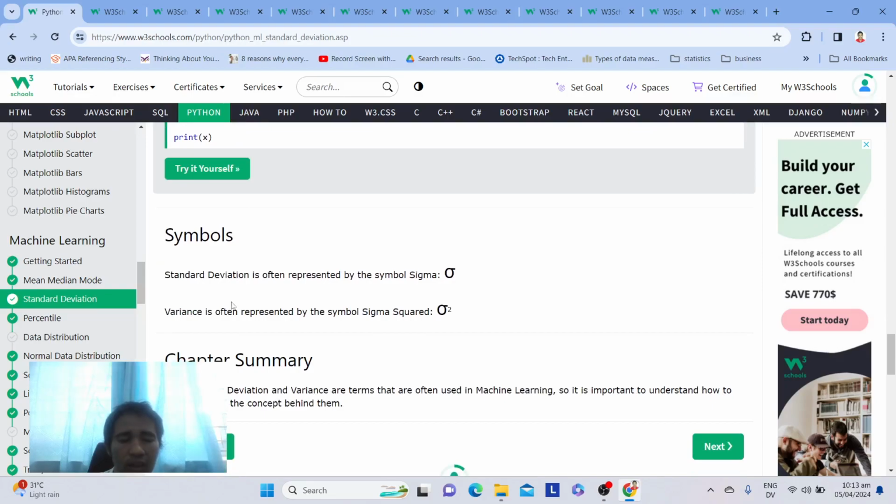Standard deviation is often represented by the symbol sigma, and variance by sigma squared. Which has a bigger value, the variance or the standard deviation? Yes, the variance has a bigger value because it is the square of the standard deviation.